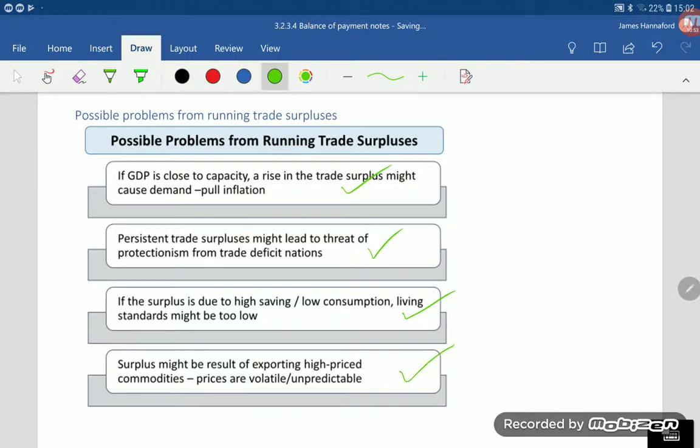Finally, a surplus might be a result of exporting high-priced commodities. So if you are Uganda and you're benefiting from extremely high tea prices, well, that's great in the short run.